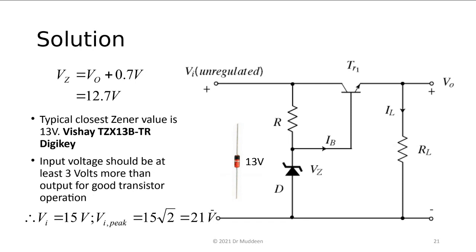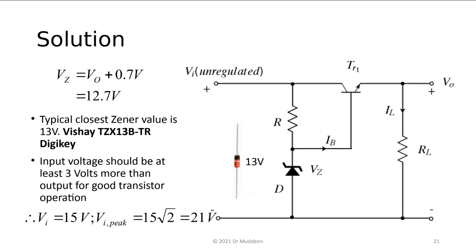If you go on a site like DigiKey, which has components by the thousands, and look for Zener diodes, you're going to see all kinds of voltages, but you're not going to see 12.7 or anywhere close to it in a usable device. The closest usable one you're going to get is 13 volts.